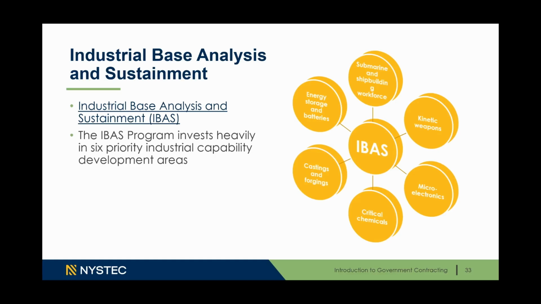IBAS, Industrial Base Analysis and Sustainment. This is a program that helps with industrial capabilities and helping get things developed. This is also a new topic for us that we started looking at, but you can see the 6 priority areas, and this is where they're looking to not only build up the development of those areas themselves, but also the people who are doing those activities.